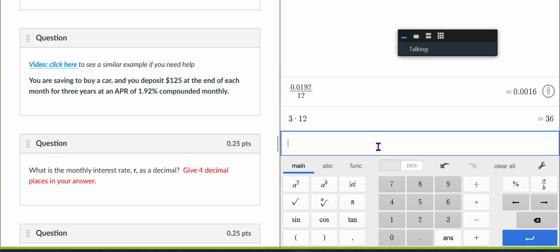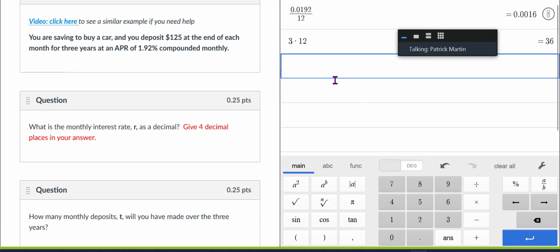The first thing I want you all to figure out is, press pause on the video now and just do this. Imagine there was no interest at all, and you're depositing this at the end of each month for 3 years. How much would be in the account if you just put in that cash? In other words, if you were just putting cash into a piggy bank for 3 years, how much cash would you have at the end of the 3 years? Go ahead, press pause and try.